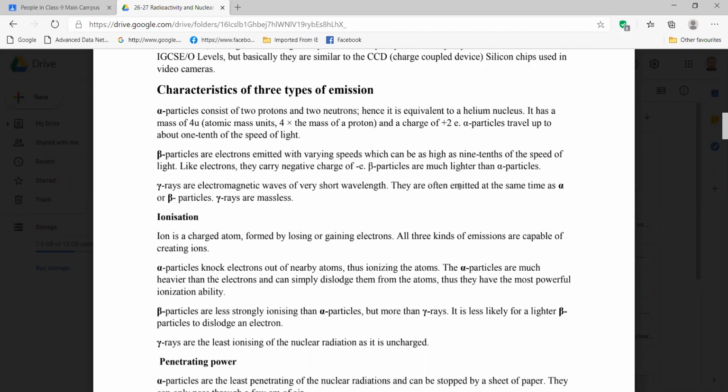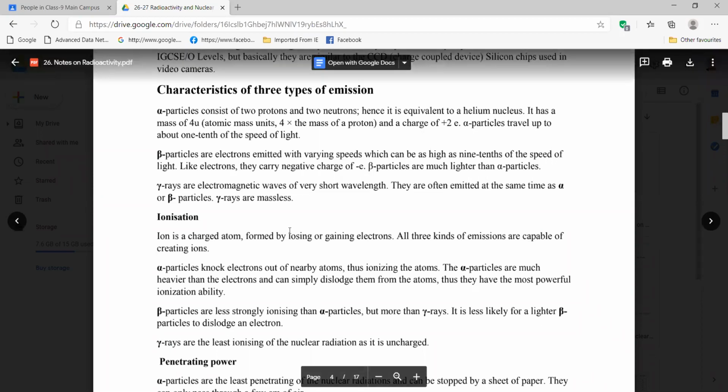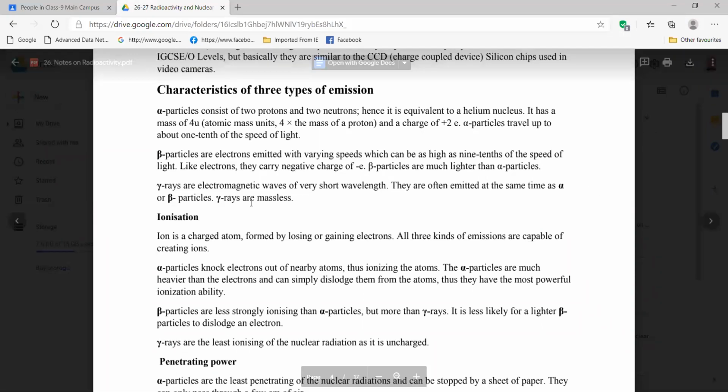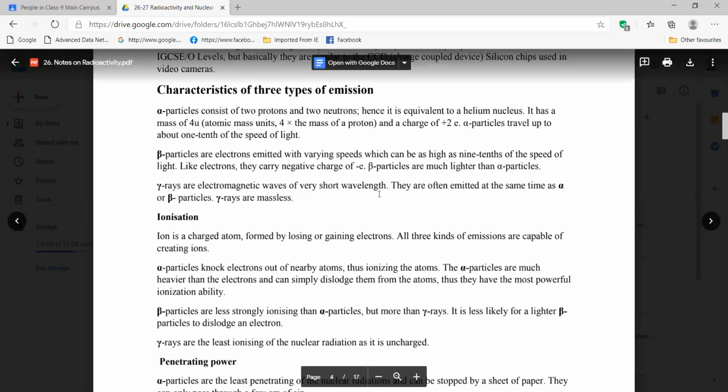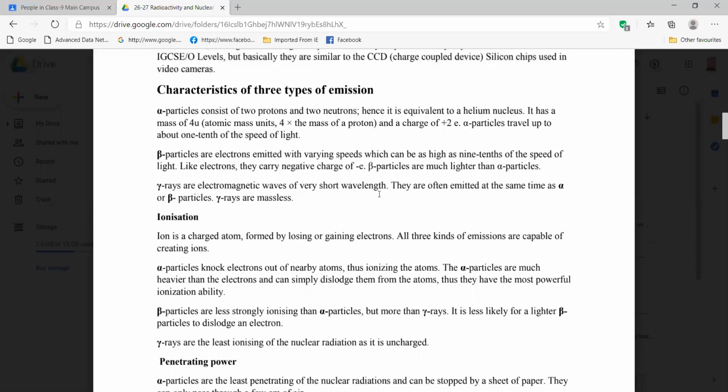They are often emitted at the same time as alpha or beta particles. Gamma rays are massless. So that property of light is followed by gamma rays, and from the electromagnetic spectrum we are done with that.